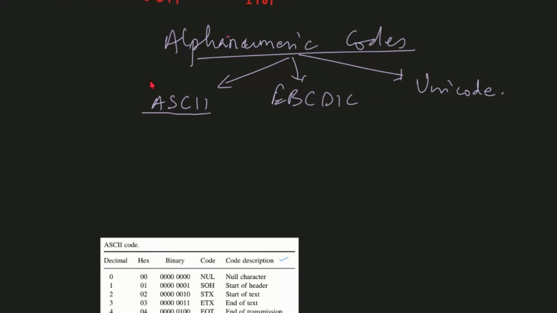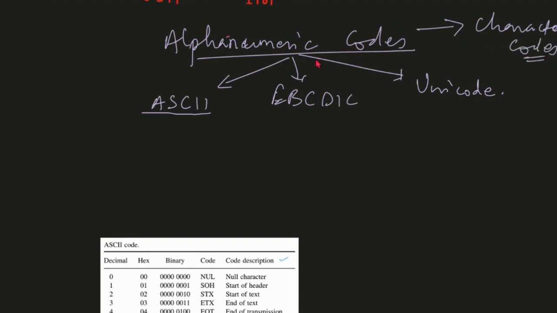It understands that A as a character, and that character has been defined by some bits. So that coding of the characters in the form of bits is basically the alphanumeric codes. That's why these alphanumeric codes are also called character codes.